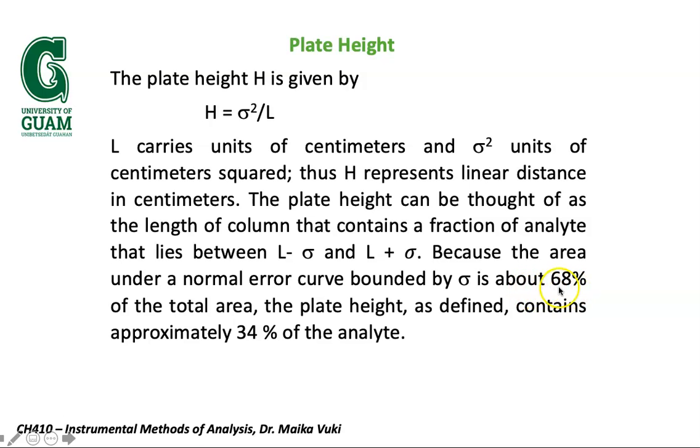This is what we get from statistics, the law of probability: within plus or minus 1 standard deviation is 68% of the total area. And the plate height is defined as containing approximately 34%, which is half of the 68 that is mentioned there.